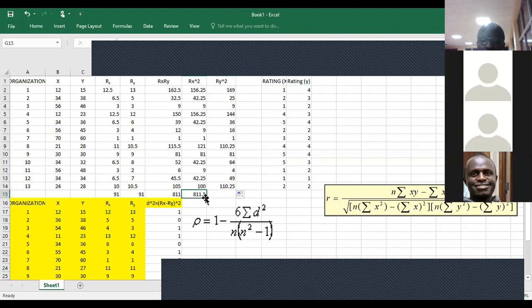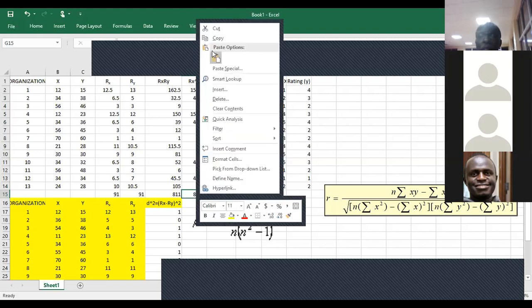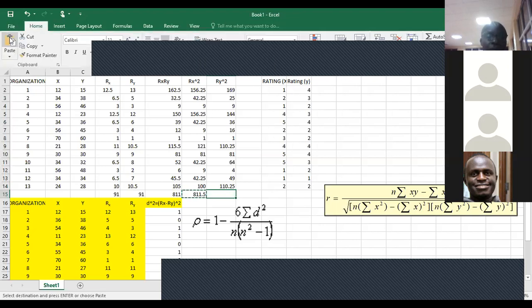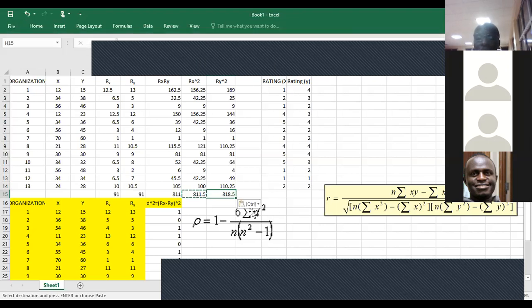We add them. I add them. Added. That's it. That is the sum of R of Y squared. Now this one is here, so you don't have to bother about it again.